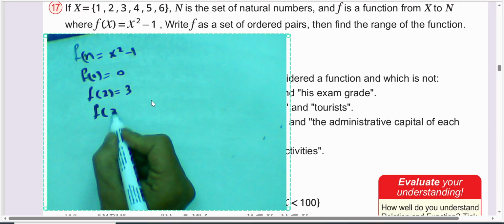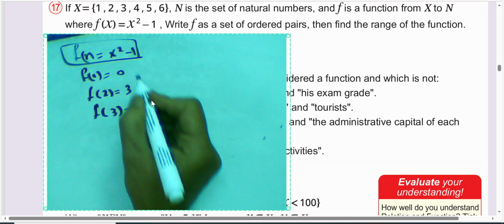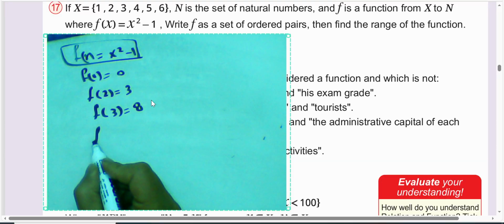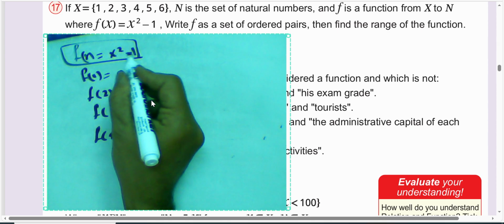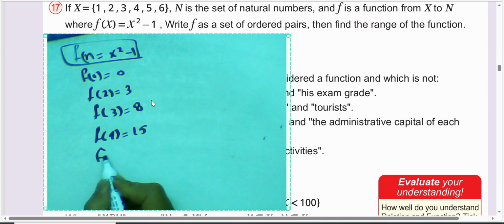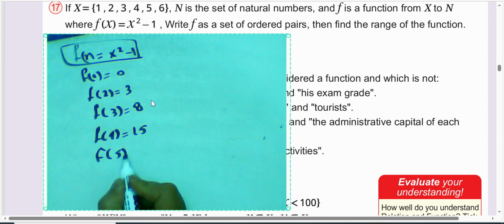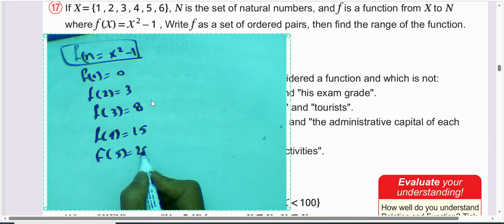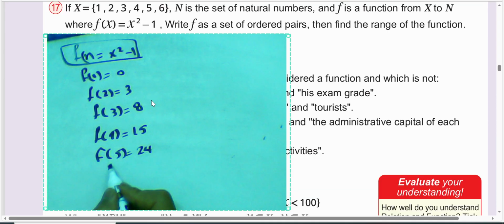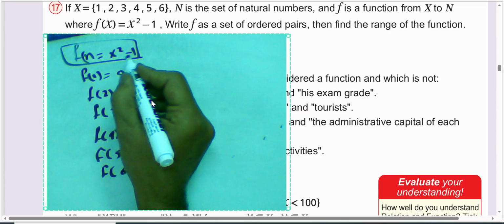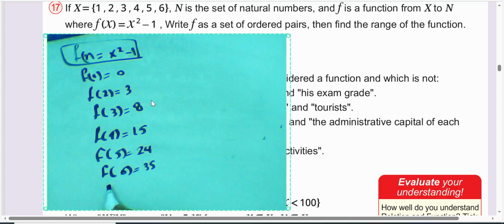And f of 3, 3 power 2 equals 9, 9 minus 1 equals 8. And f of 4, 4 power 2, 16 minus 1 is 15. And f of 5, 5 power 2, 25 minus 1, it will be 24. And f of 6, 6 power 2, 36 minus 1 is 35.